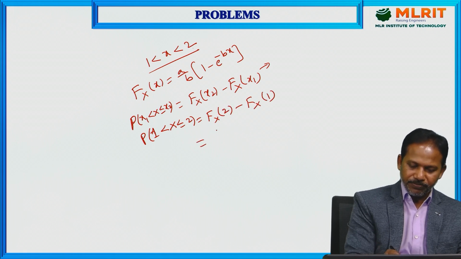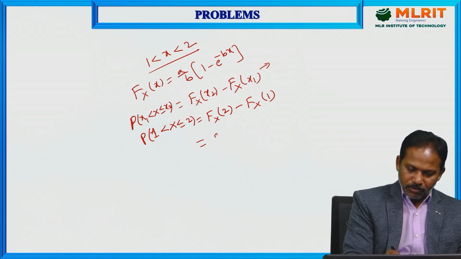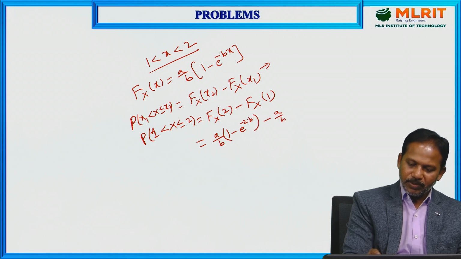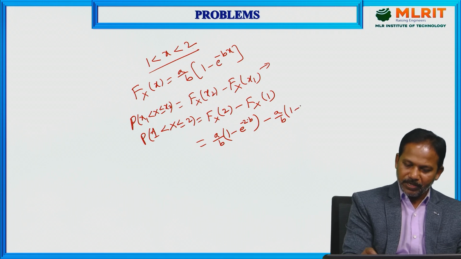So here a by b into 1 minus e power minus 2b minus a by b into 1 minus e power minus b.